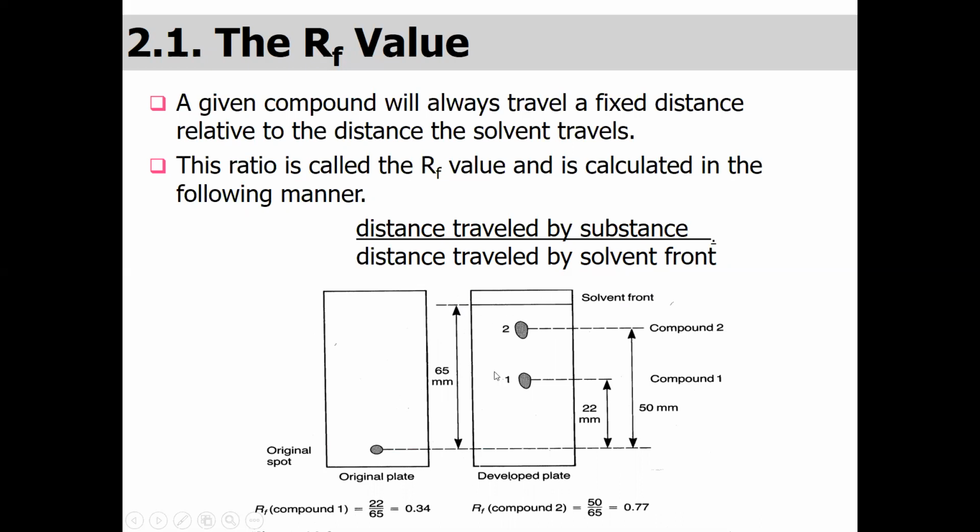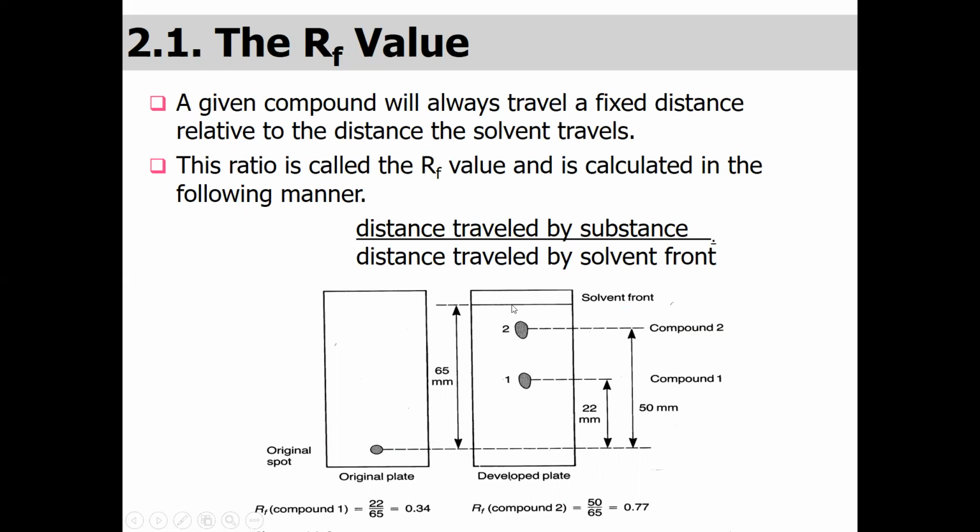For example, in this case, this is the original plate and this is the spot. When we dip this TLC plate into the solvent, of course, this compound will elute, and if it is a mixture of two components, these components will separate out. Beside this, the solvent in which we are dipping this TLC will elute as well, and this is the mark of the solvent front.